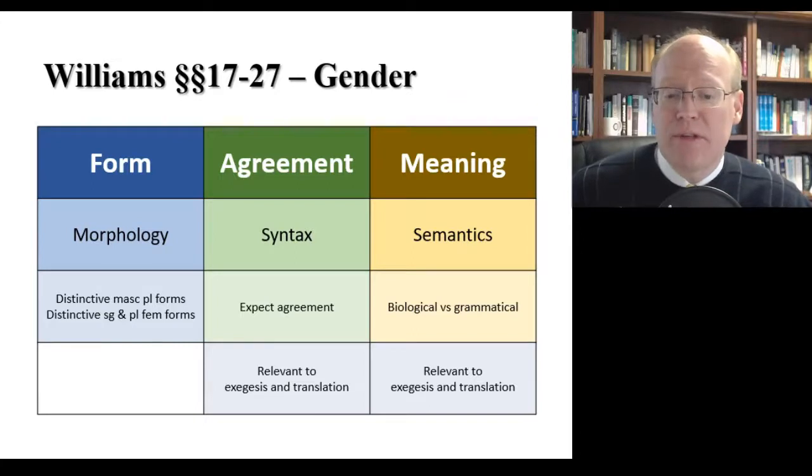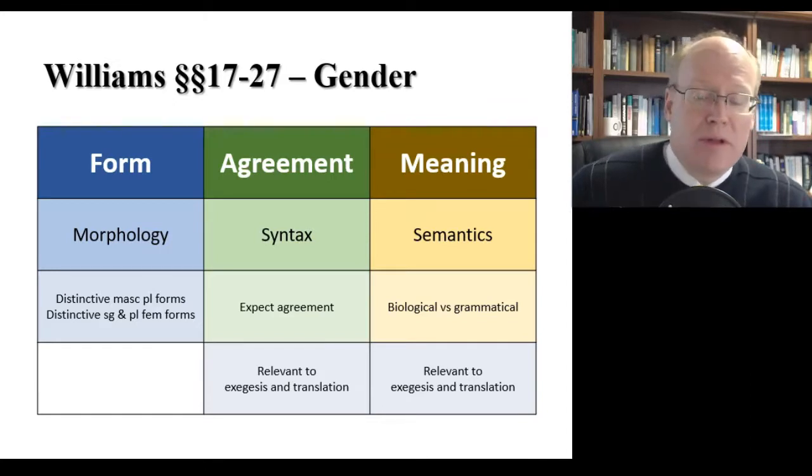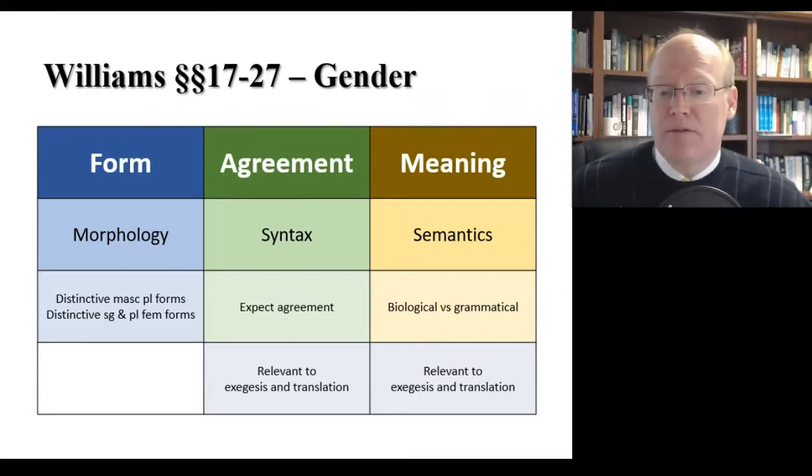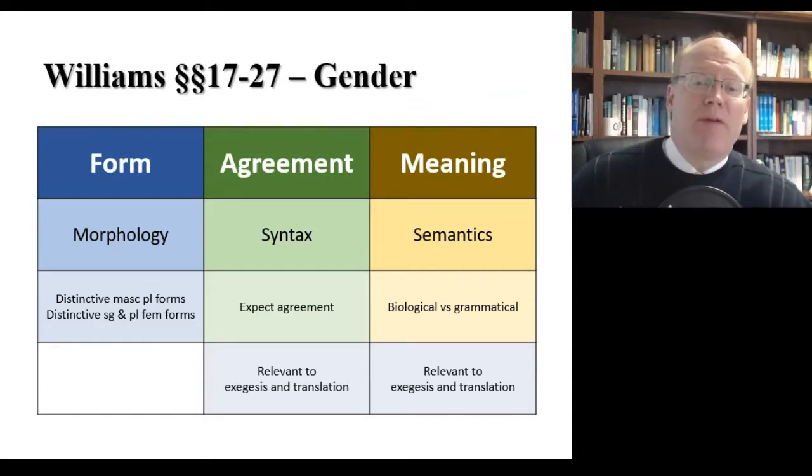In general, you should expect agreement between morphological gender and the gender of words that modify it, though there are exceptions. This is relevant to exegesis and translation because we start out expecting nouns to agree in gender and number, though they may disagree.